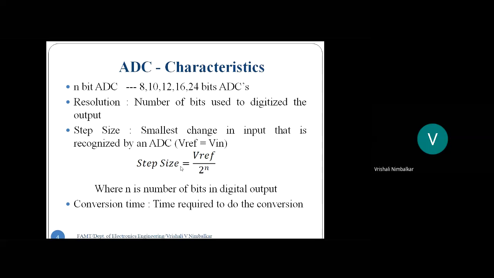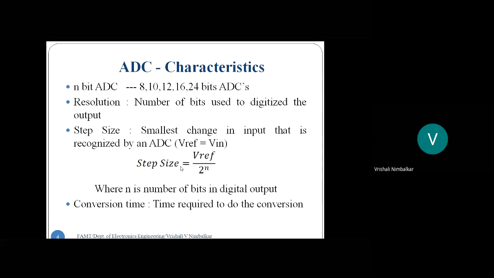What does that mean? It means when analog input voltage is 0 volt, the digital output is 0000 0000, 8-bit binary. The next analog voltage that will be recognized is 19.5 millivolt, and the corresponding digital output is 0001.